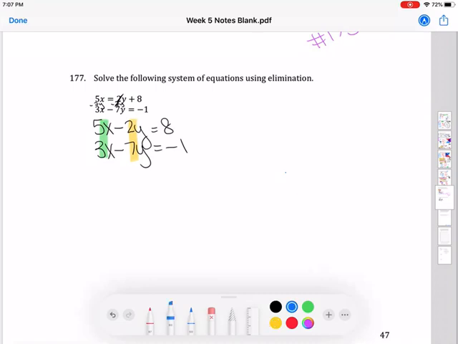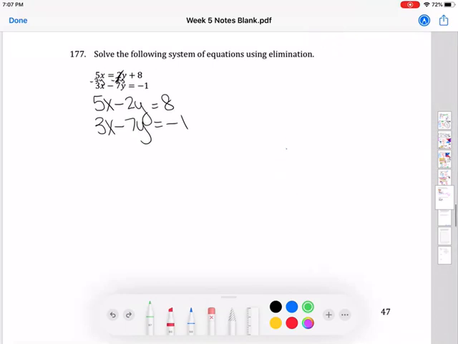I have my x's now, my y's, my equals, and my numbers. Everything is lined up. So that one mini step needs to be taken first. And now we're good to start elimination. So you want to try and see if you can add them right off the bat. Unfortunately, when I add my x's, they don't cancel. And when I add my y's, they don't cancel. So I need to do some manipulating first, like I already said.